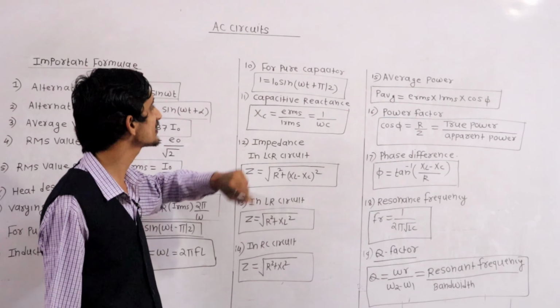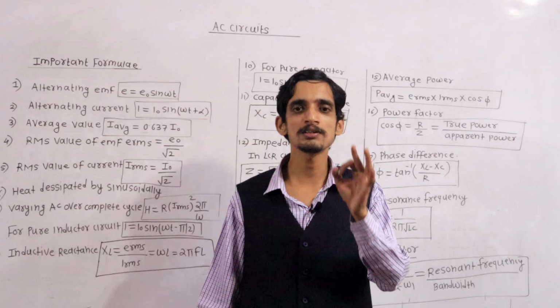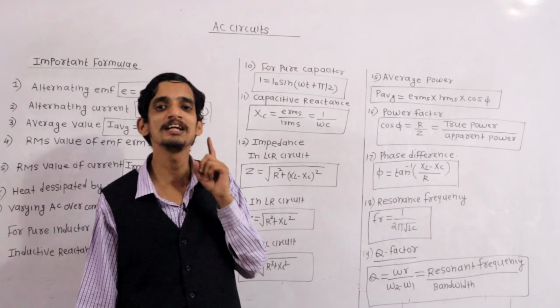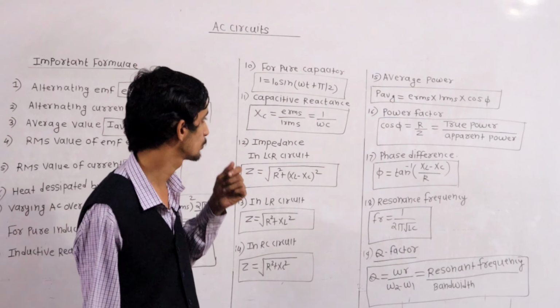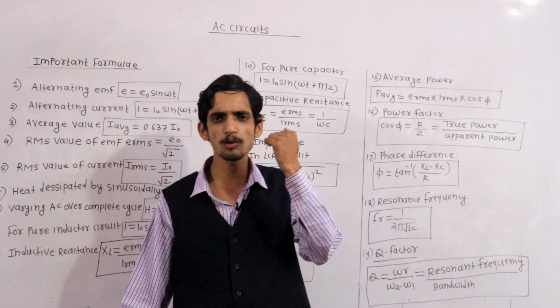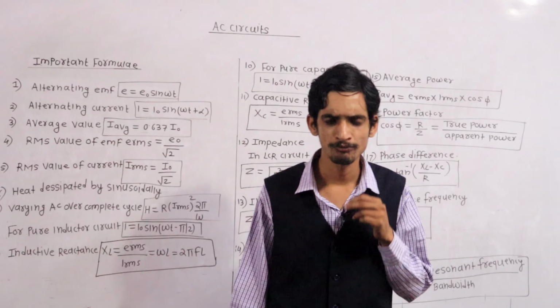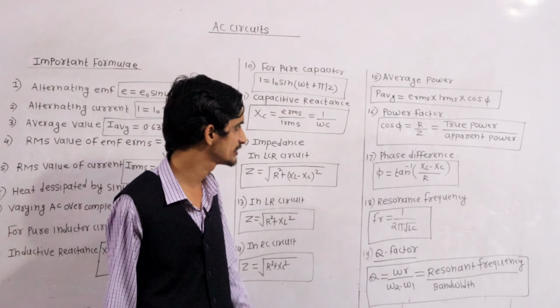For a pure capacitor, I is equal to I0 sin(omega t plus pi by 2). It means current leads the EMF by pi by 2. Capacitive reactance XC is equal to E RMS upon I RMS, which is equal to 1 upon omega C, where omega is the angular frequency.